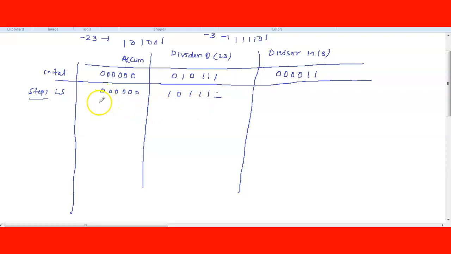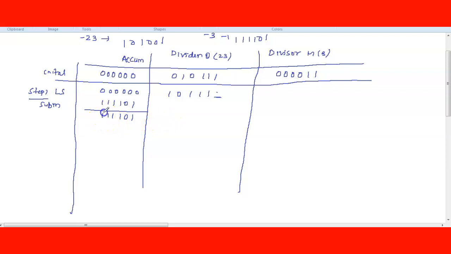Now we'll subtract M. Subtract M means adding the second complement, which is minus 3, 1 1 1 1 0 1. So adding this number we get 1 1 1 1 0 1.